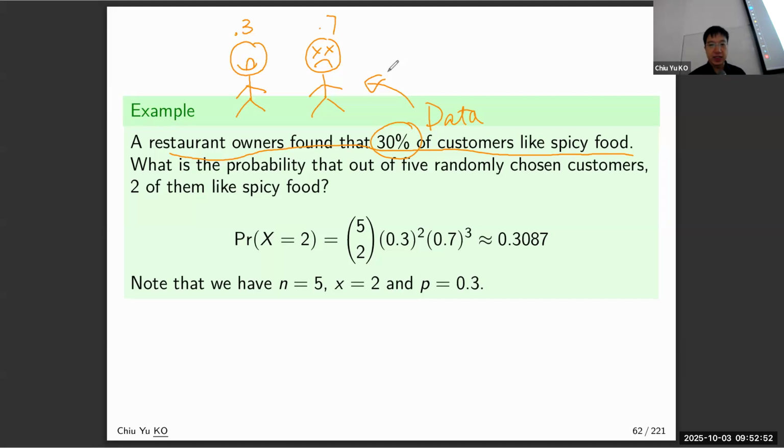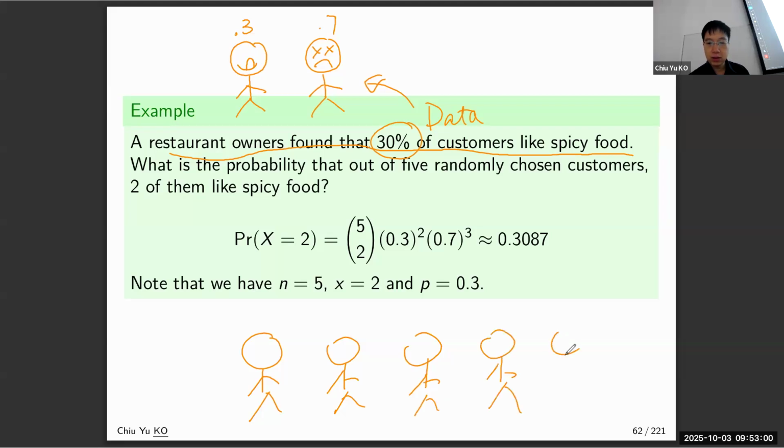So basically, you have 5 persons here, okay? And how likely is it that out of 5, 2 of them like spicy food, okay? The other 3 do not, right? So this is the question.